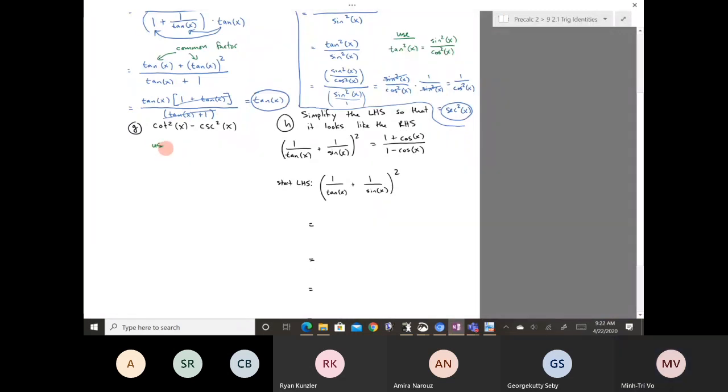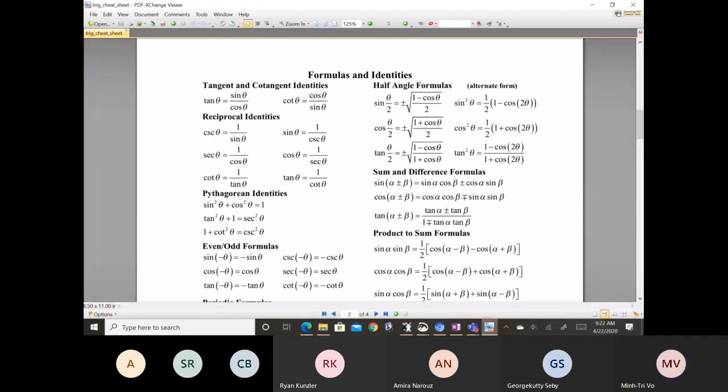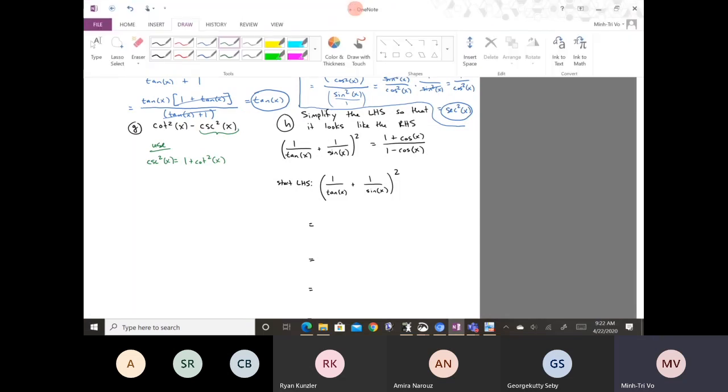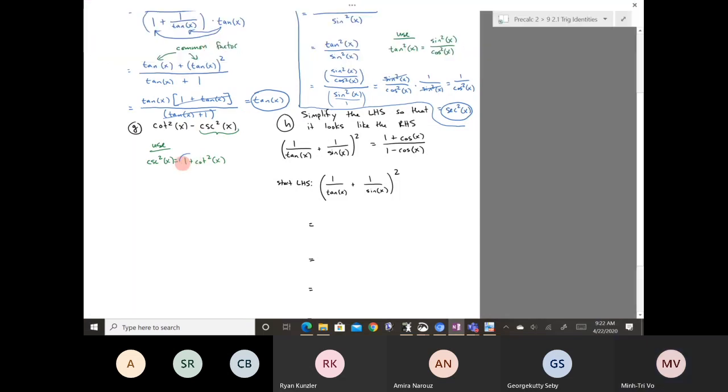So cosecant squared x is equal to 1 plus cotangent squared. So this thing is going to go here.